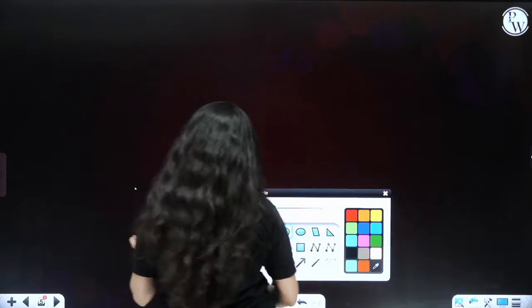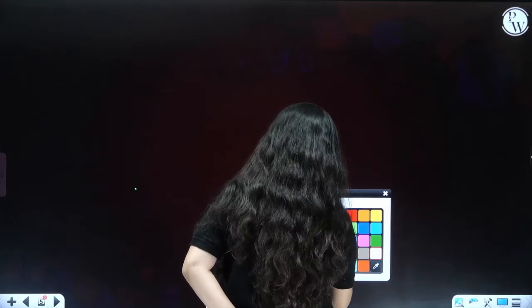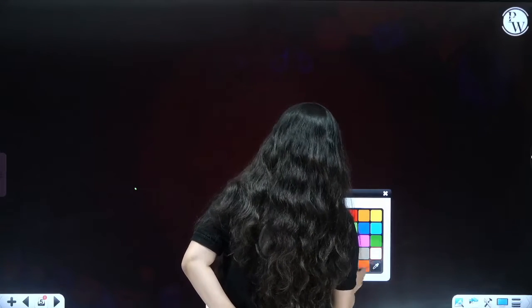So let us just see how they will decide. Let me take an example. Let us take an atom. This is its first orbit, this is its second.